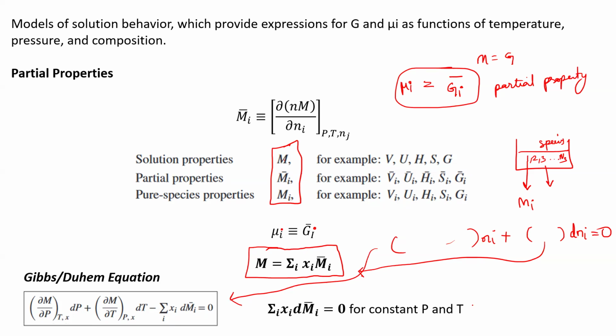So that is the Gibbs-Duhem equation. So we have obtained the relations for each thing.